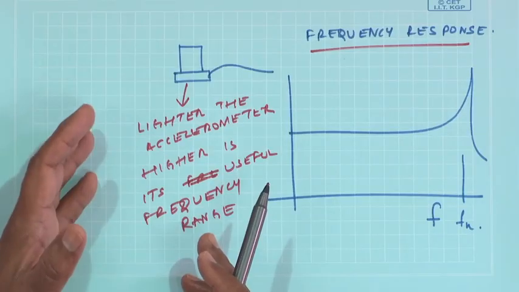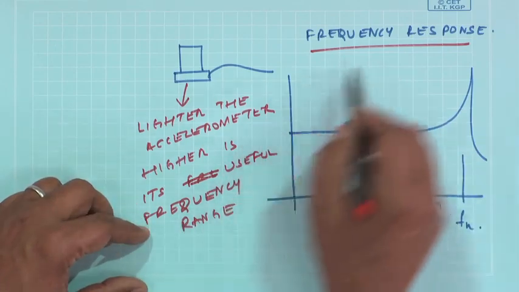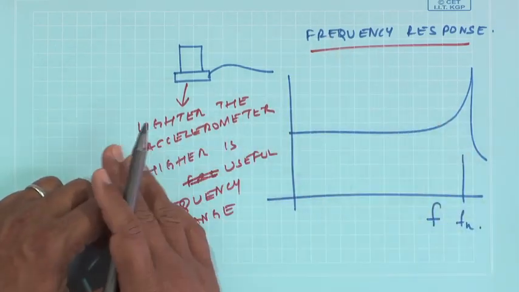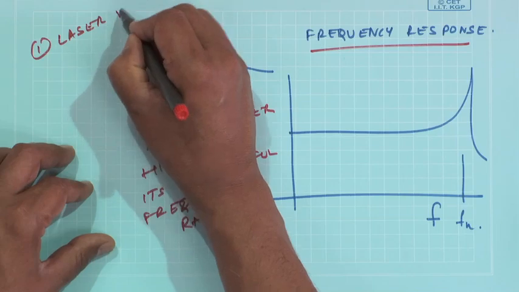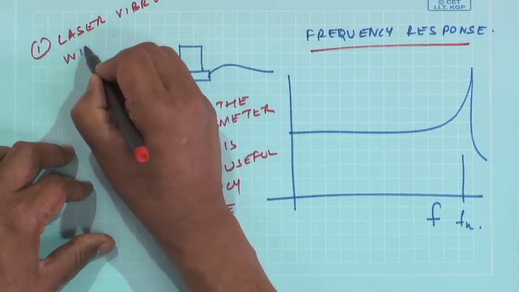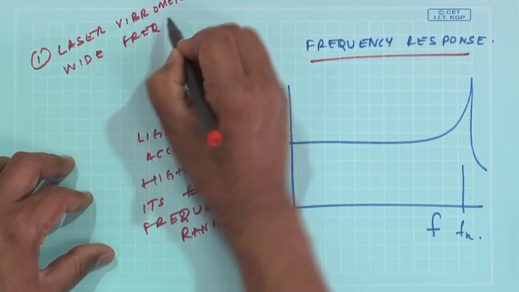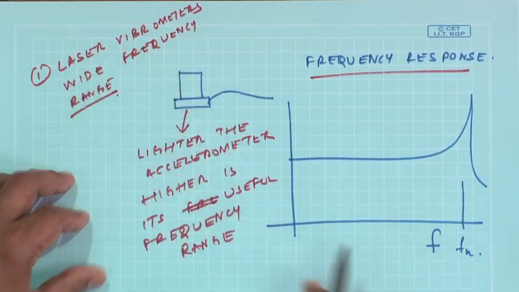When a machine is running, you will also see the rotational shaft speed 1x or its multiples or the vane pass frequencies and so on, but cavitation will create a high frequency vibration, and this will be monitored only with an accelerometer which can measure at high frequencies, or otherwise another method is you can use laser vibrometers, because laser vibrometers have a wide frequency range. Okay, this can be done.